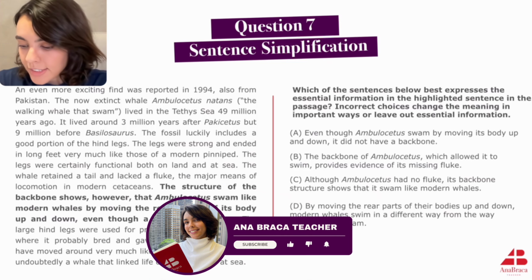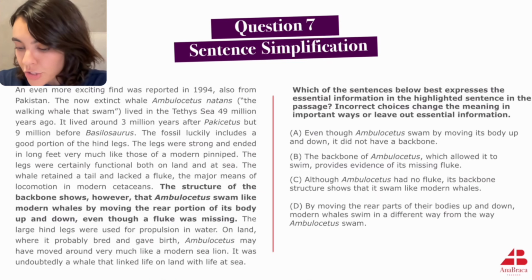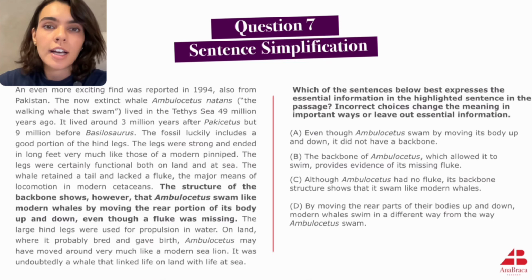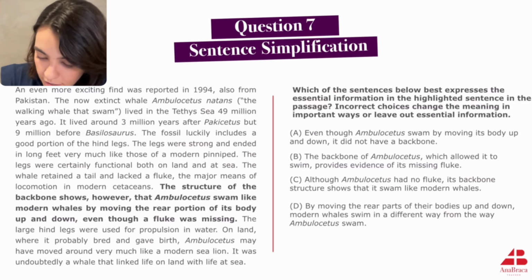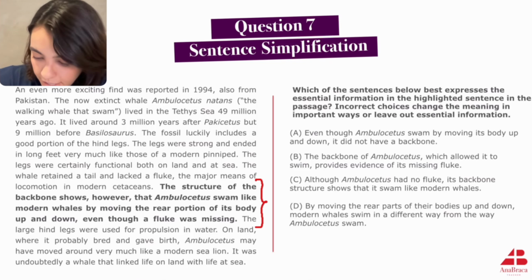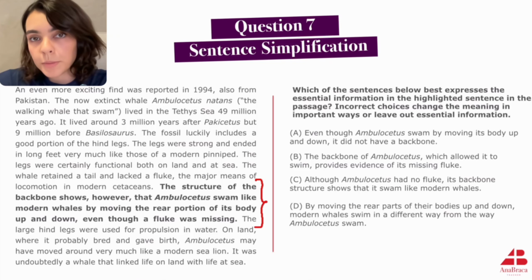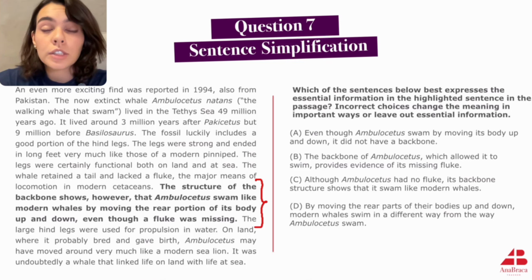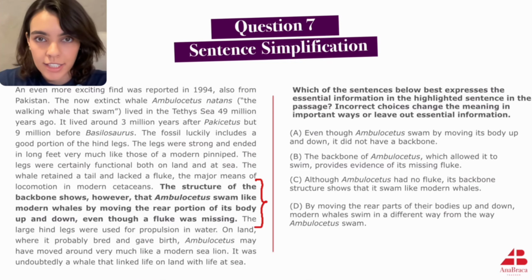Which of the sentences below best expresses the essential information in the highlighted sentence in the passage? So we need a sentence that is a little bit simpler, but that expresses the same thing, and the sentence that has to be simplified will always be highlighted here. So you always have to read the sentence very carefully and understand the meaning behind it.